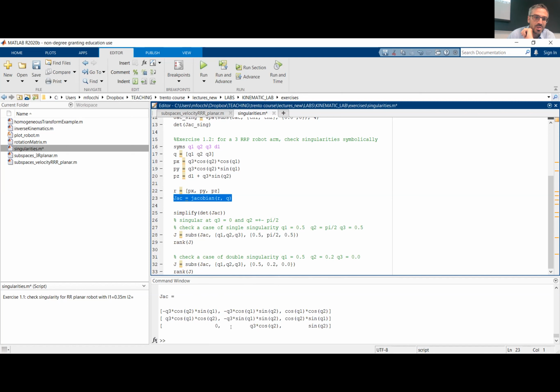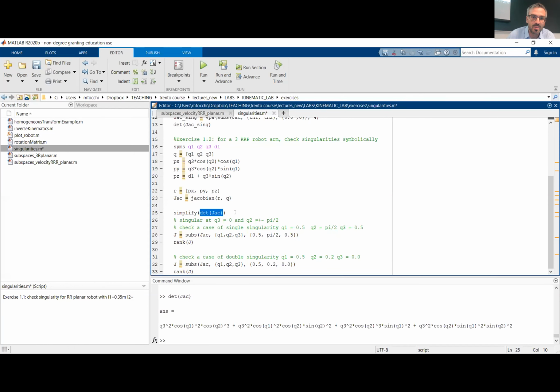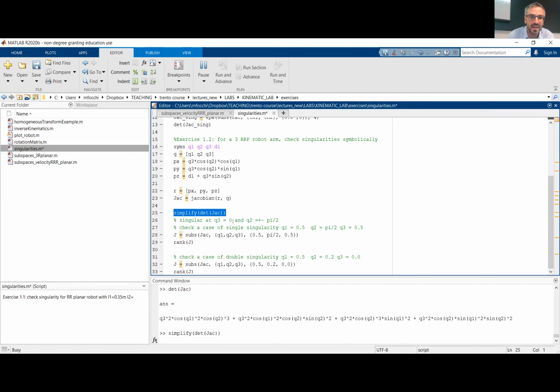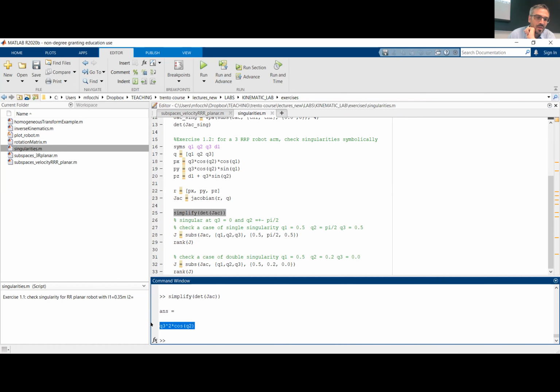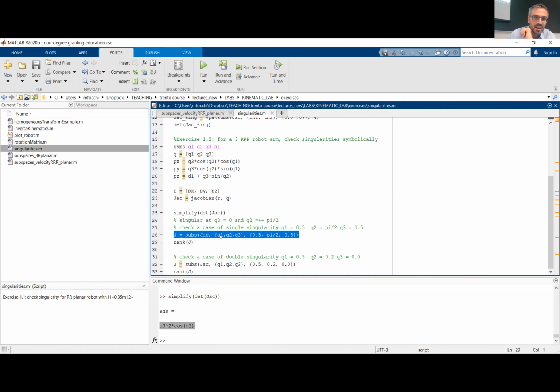So this is just to check your computation. Then you can compute the determinant. Of course, you want to apply the trigonometric identities to simplify, and get out the values we were analyzing. And again, you can check the two exercise configurations.